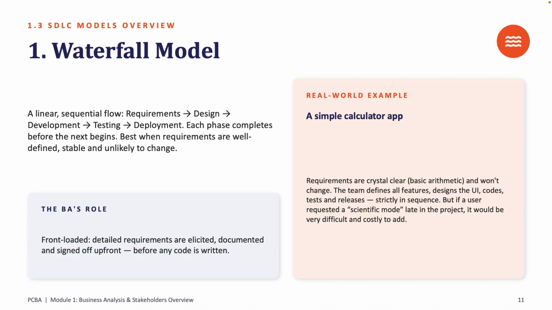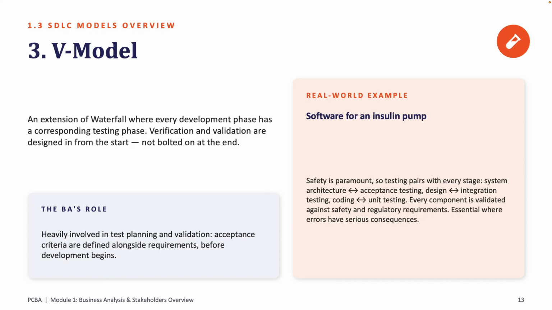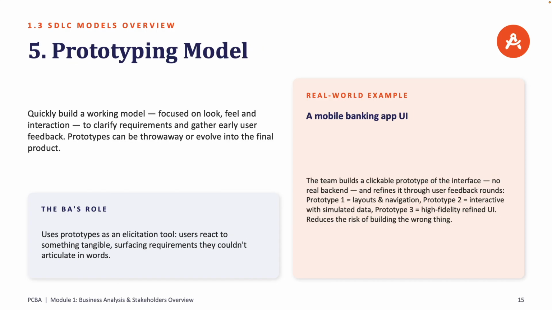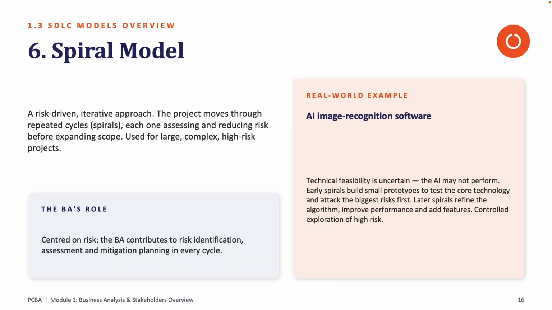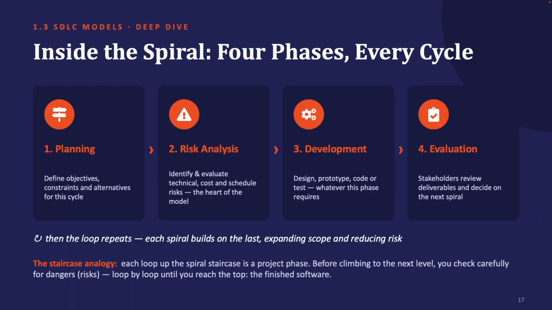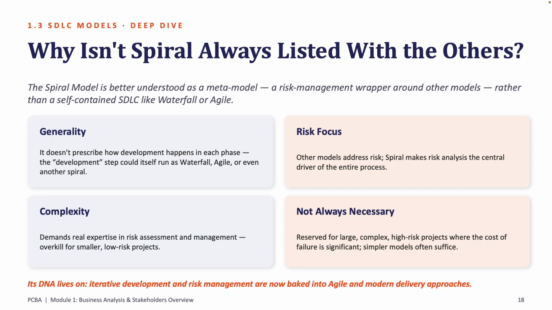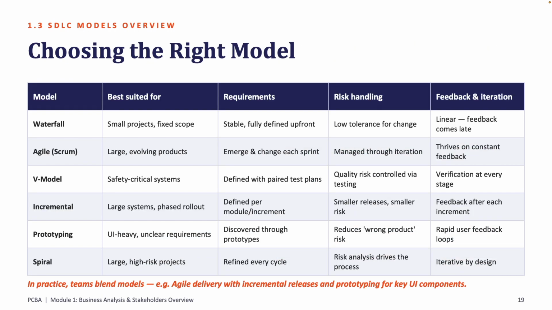So in practice, teams blend what you call models, e.g., they can do agile delivery with incremental release and prototyping for key user interface components. So you see, you can combine agile with kind of incremental. Here you're using agile for the sake of collaboration, flexibility, and feedback, which you're getting constantly as you develop the product. And at the same time, you're building what we call incremental release.